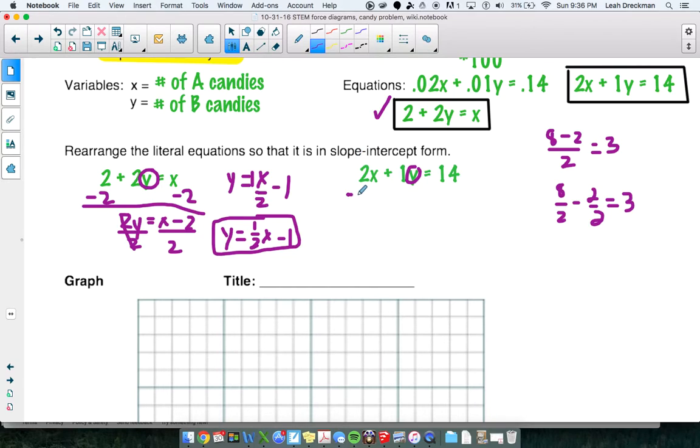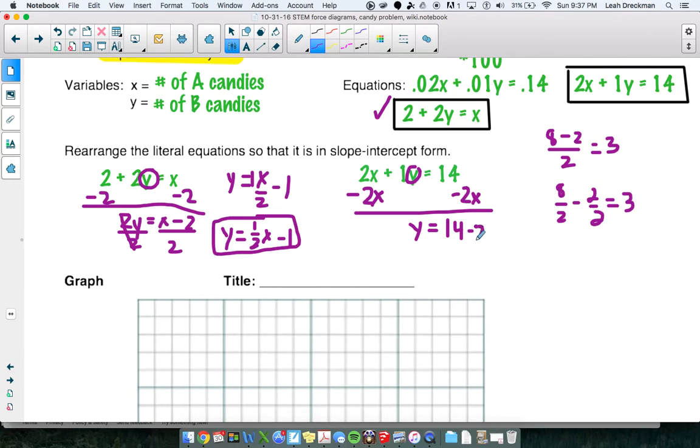All right, if you're watching this, that means either you didn't feel confident or we made a mistake. So just like before, I'm going to get rid of my other term first. So I'm going to subtract 2x. And so we get 1y, or y is equal to 14 minus 2x.